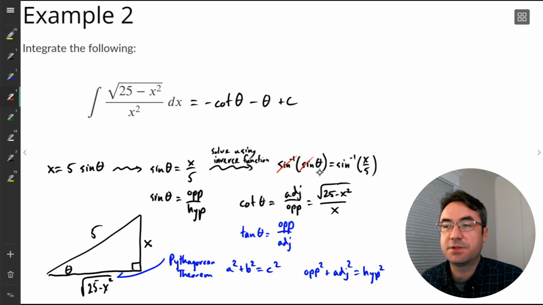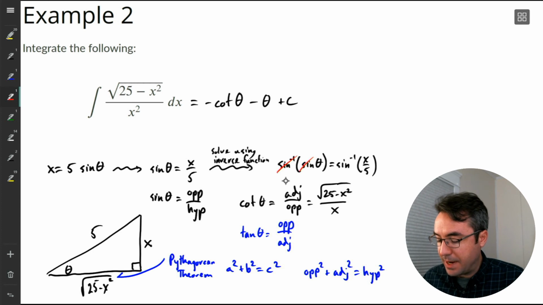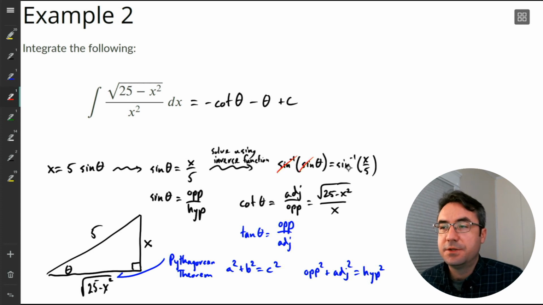That's just going to leave us with theta is equal to inverse sine of x over 5. So we're getting a little bit of practice here. This is one way for solving for these lone theta terms. We can use an inverse trig function. But then solving for these trig functions, we can use our right triangle and get a more compact expression. So now we have all the pieces.